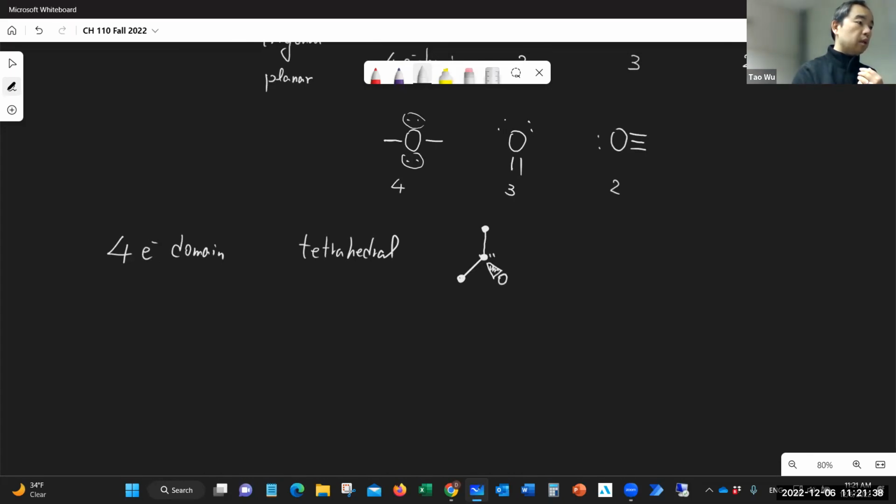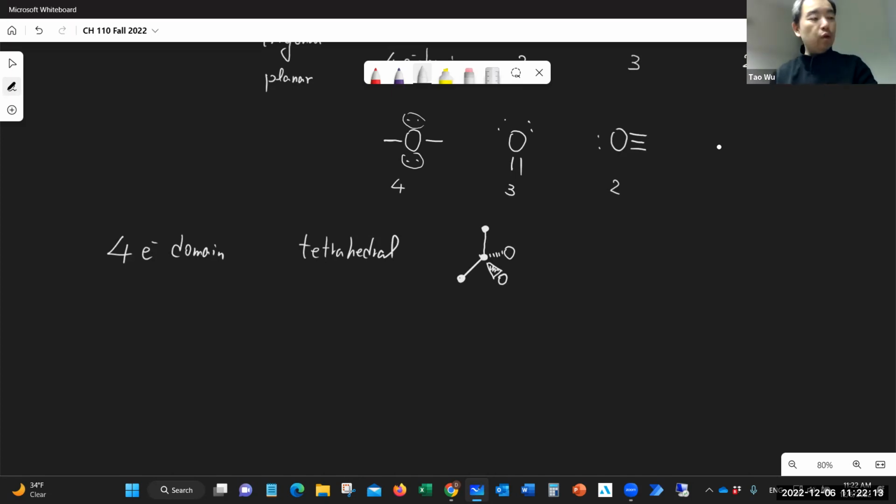The other is sticking in, and we use a dash to represent it. If you learn organic chemistry in the future, you will be asked to draw 3D structures on 2D paper. Generally we use wedges and dashes this way to draw. The wedge is one pointing out, the dash is one sticking in. So this is called tetrahedral.